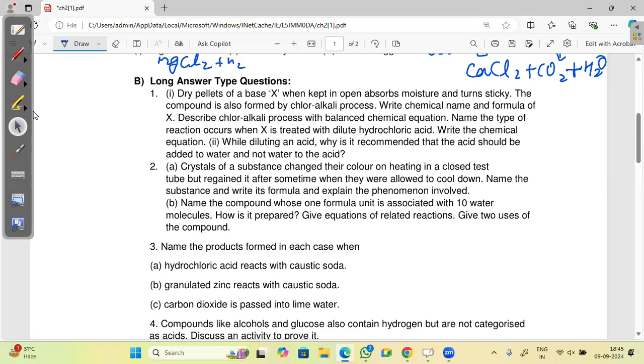See, the four things which you used here: it was ammonia.